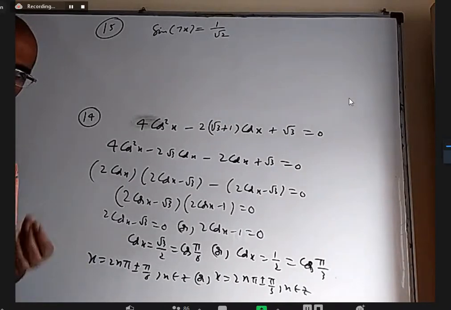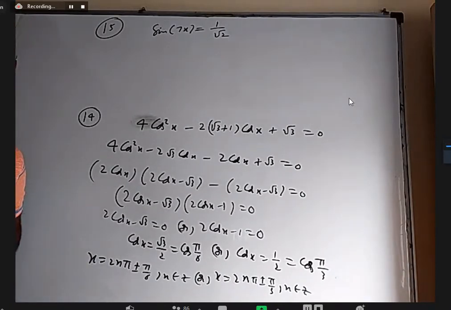Sin x equal to sin alpha, that is the formula. Look at the fourth formula from the last in your list of formulas. X equals n pi by 7 plus or minus 1 power n into pi by 28.